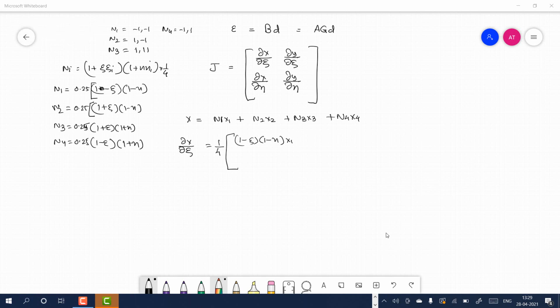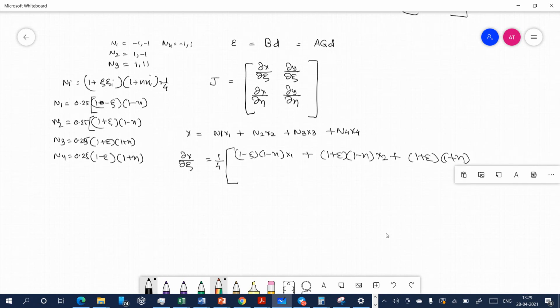Okay, so let us do this. x1 plus N2 is 1 plus zeta, 1 minus eta, x2 plus, and then I have N3.